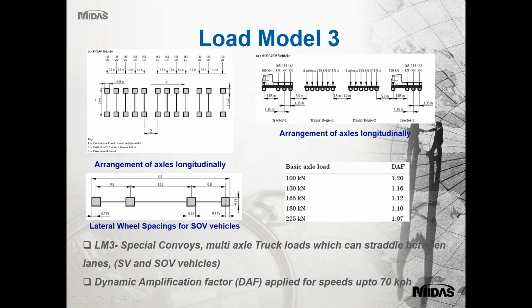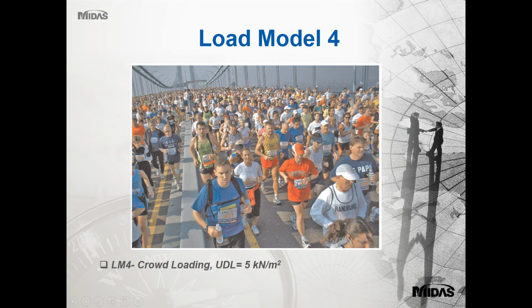These loads are then multiplied with a dynamic application factor for speeds greater than 70 kph. Then load model 4 is for crowded situations, especially used on footbridges and also on highway bridges which can expect crowded conditions.